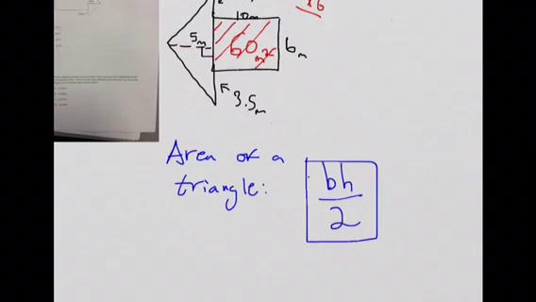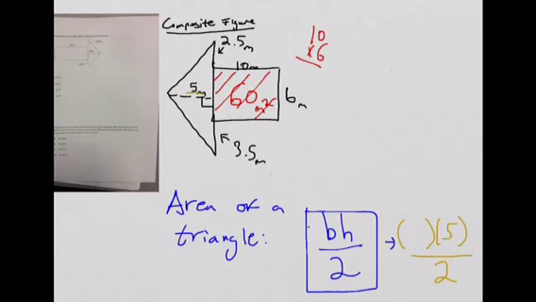Now the height is something easy. The height is given to me there. So I'm going to go ahead and now substitute the value of the height, which is 5 meters. So it's going to be 5 here. It's going to be divided by 2, but now I just need to figure out what the base is.